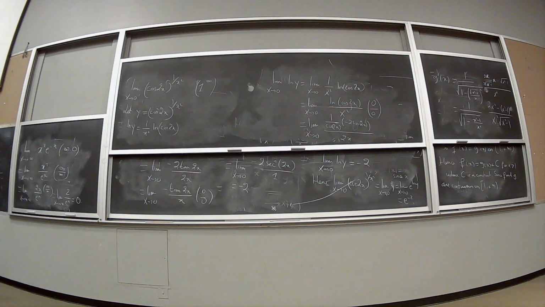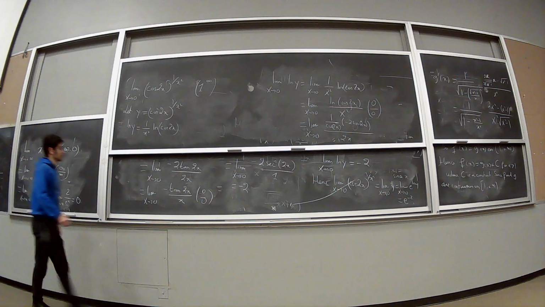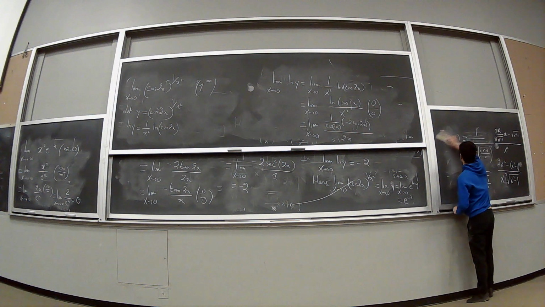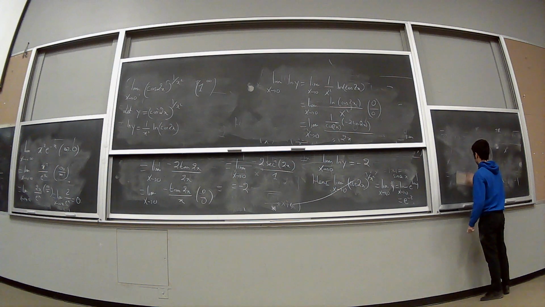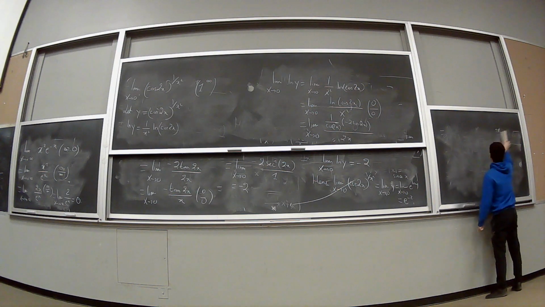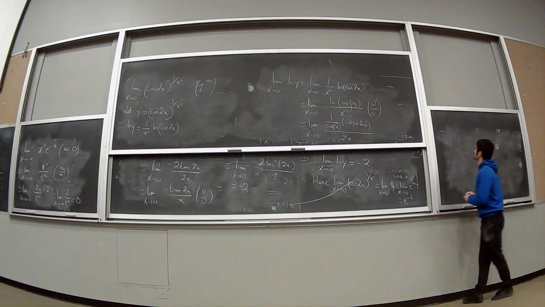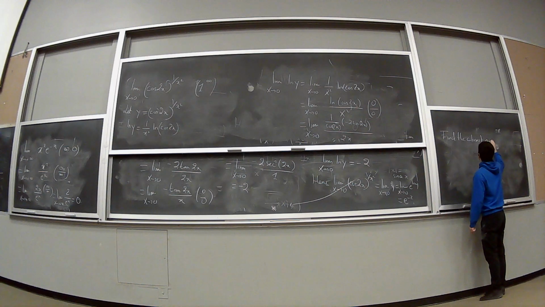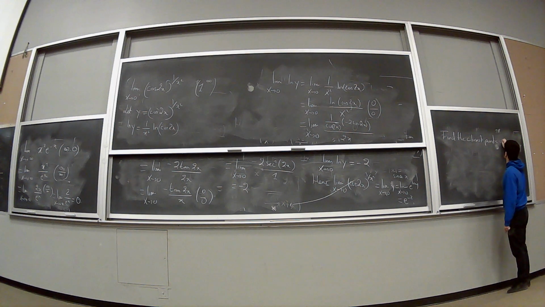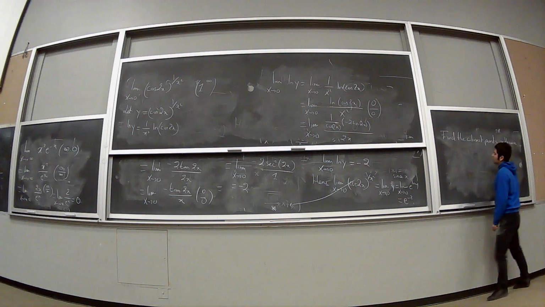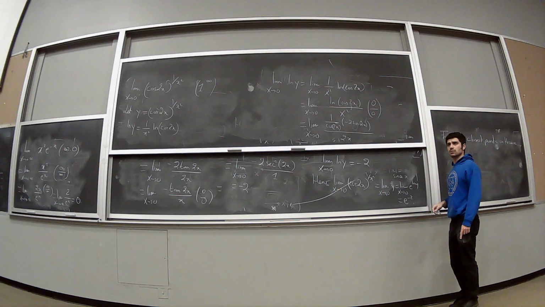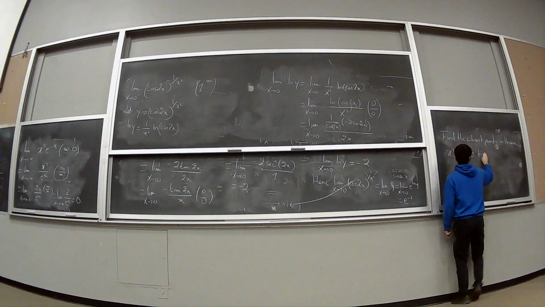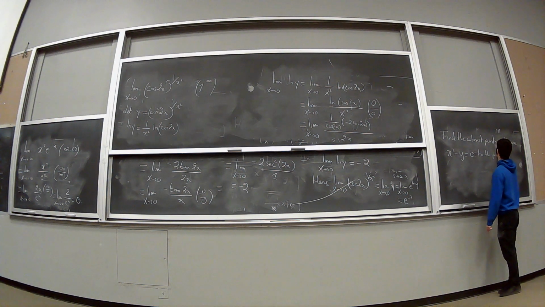Find the closest point on the curve x squared minus y equals 0 to the point 3, 0.